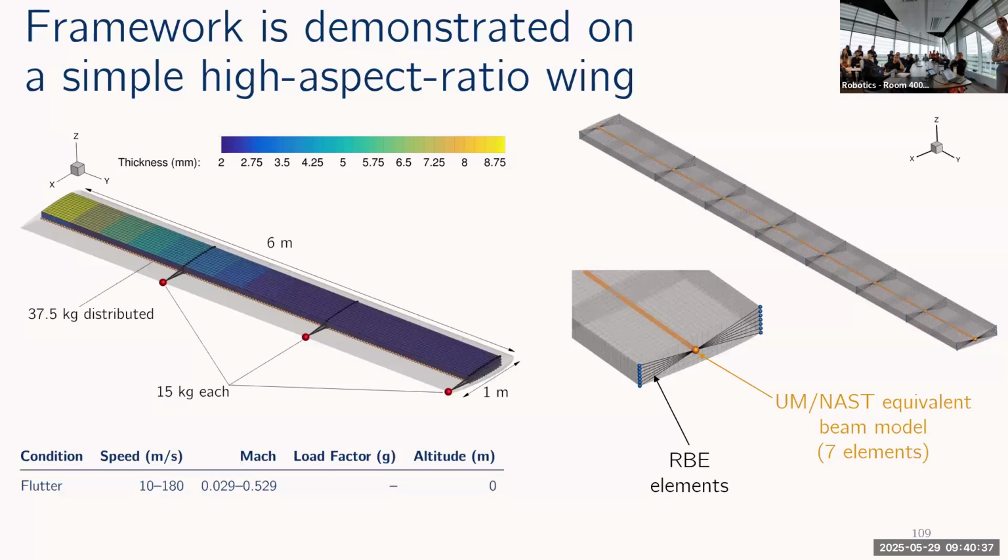All the flutter analysis results that I'm going to show are computed over a simple sweep in flight velocity at sea level. For different cases, we change the angle of attack that we do that speed sweep at, and that leads to different levels of in-flight deformation that we're computing the flutter stability around.